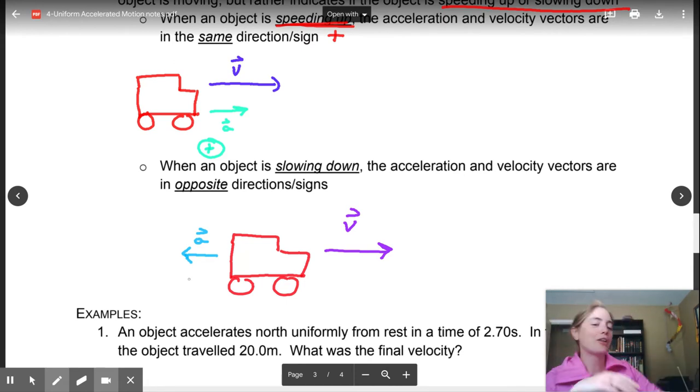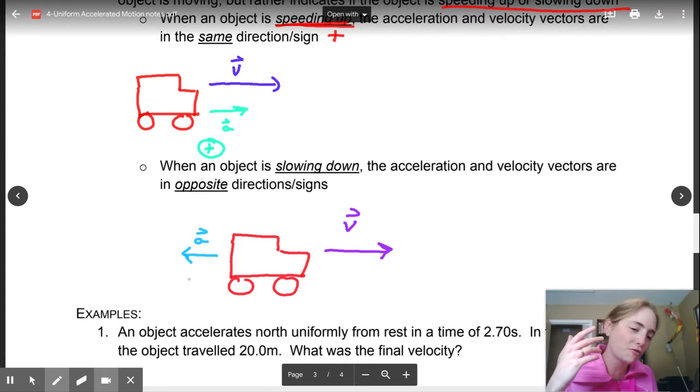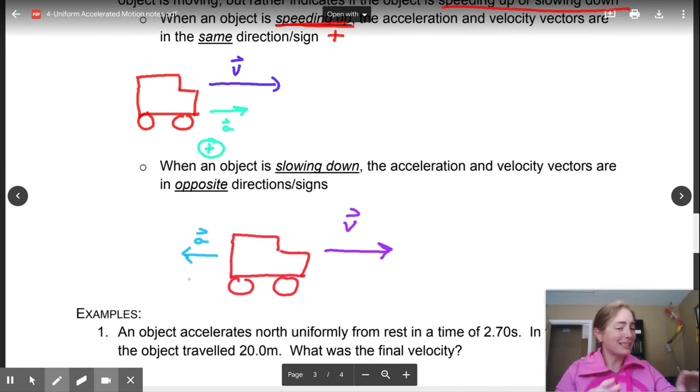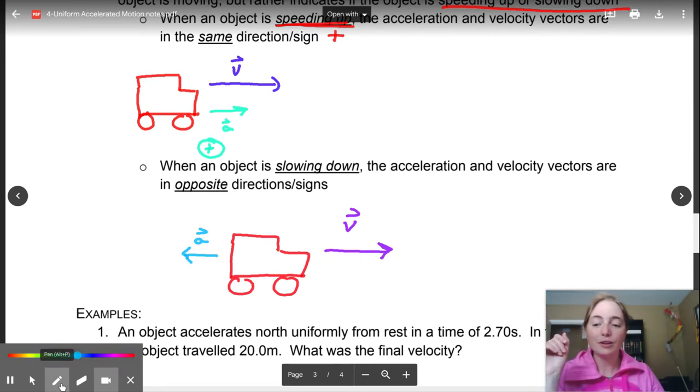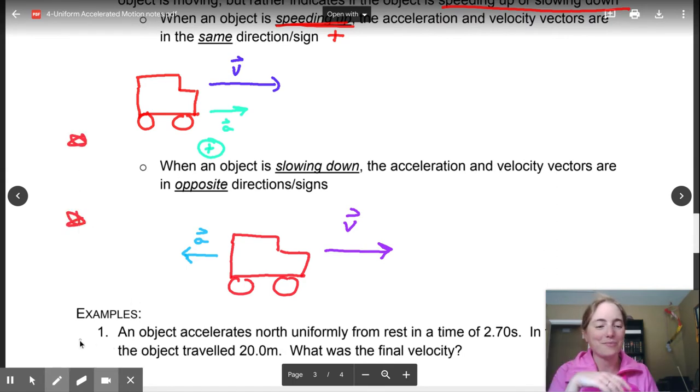Because you're still moving forwards, if you're moving east, your displacement is still east, but you're slowing down. Your motion's going forward. You're just going more slowly. Your acceleration is going backwards while you're going forwards. So very, very important, guys. Keep that in mind.